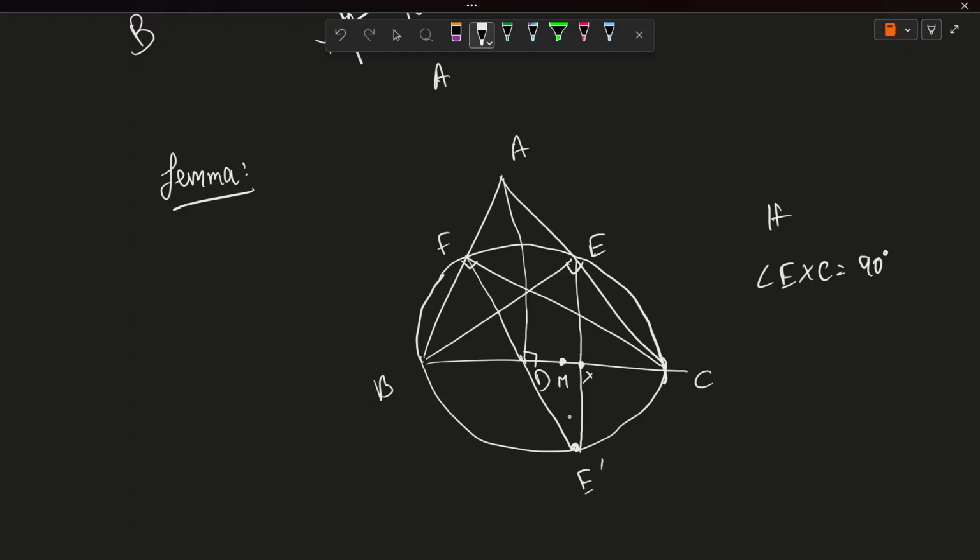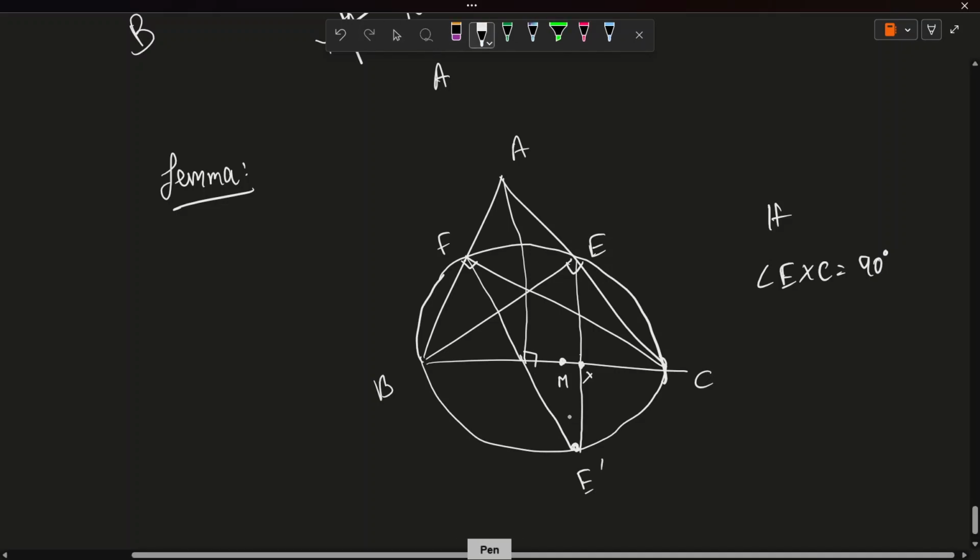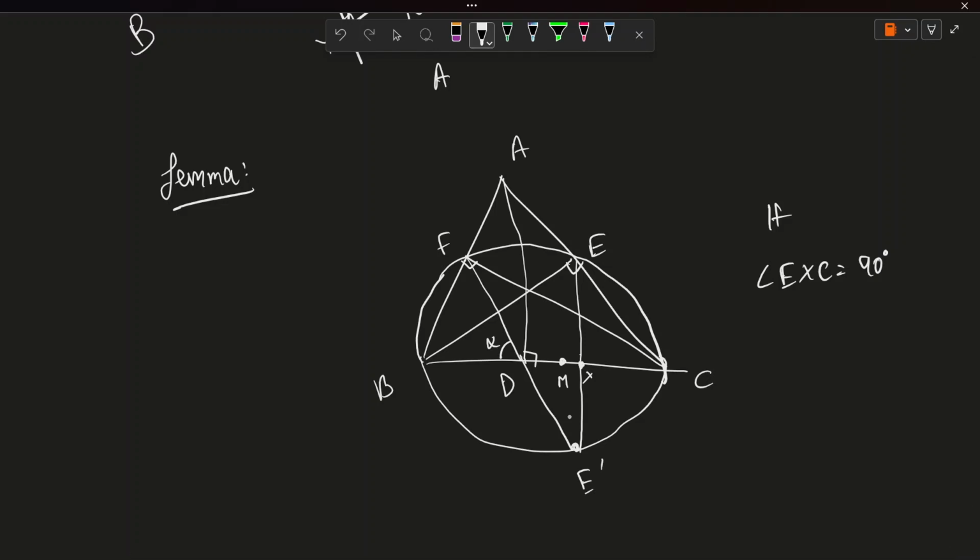So how do we do this? This is a pretty simple angle chase. Suppose angle BDF is alpha, then this angle is also alpha. If this angle is beta, the green angle, then this angle is also beta by angles in the same segment.